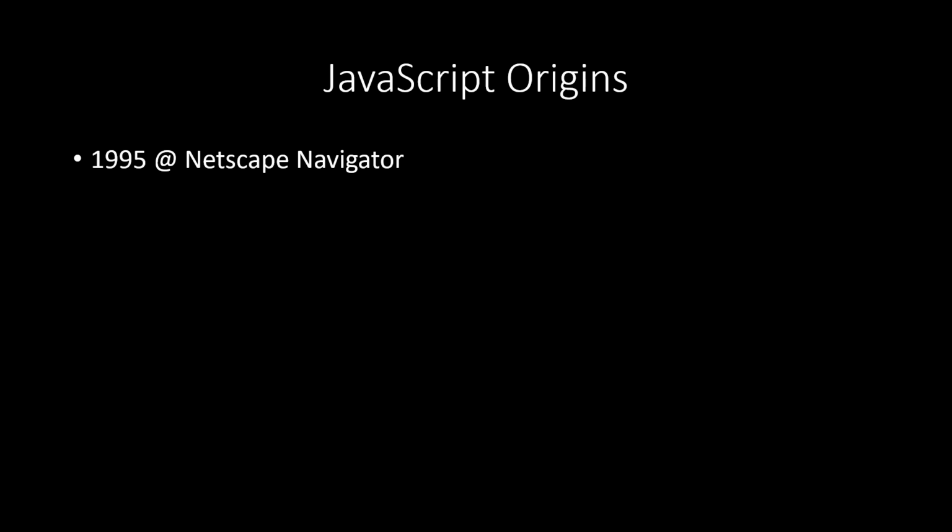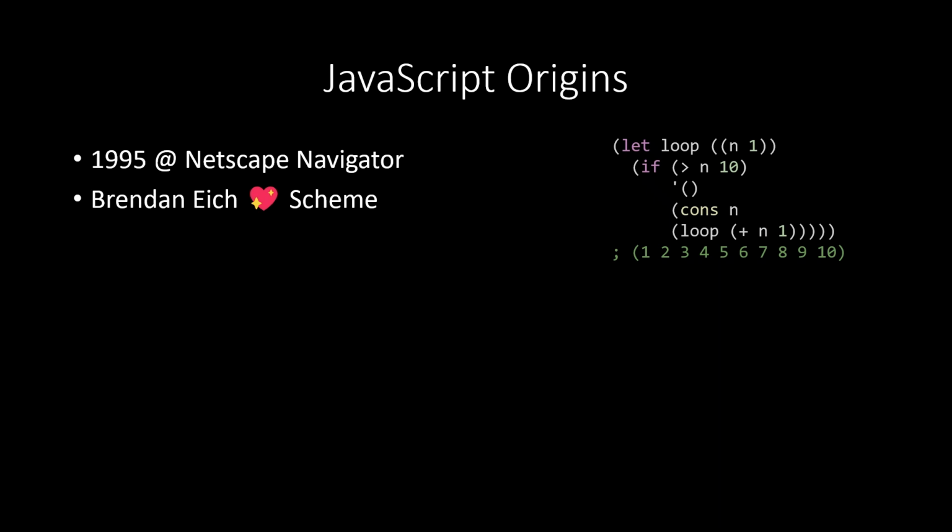And Netscape hired a guy called Brendan. They wanted him to make websites be more dynamic, not just HTML. And Brendan was an academic. He loved functional programming languages. And his favorite one was Scheme, which looks a little bit like this, pure functions all the way.